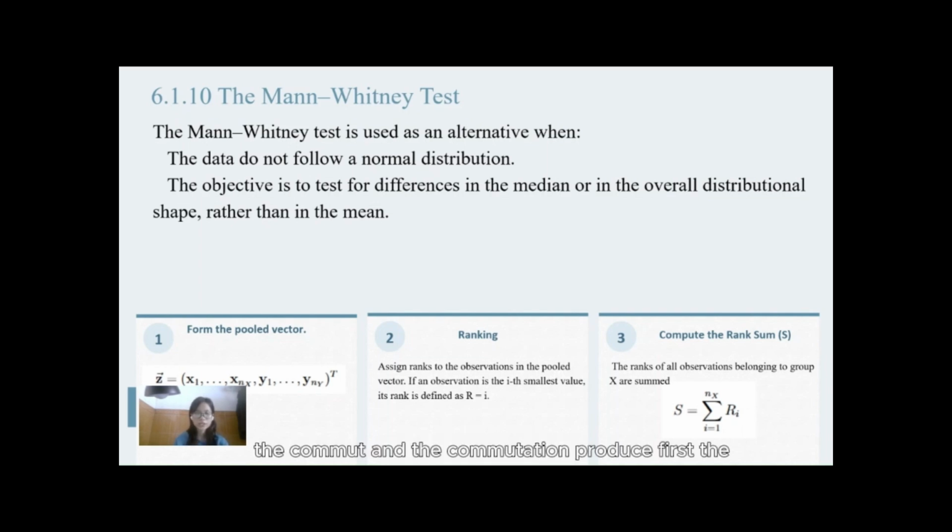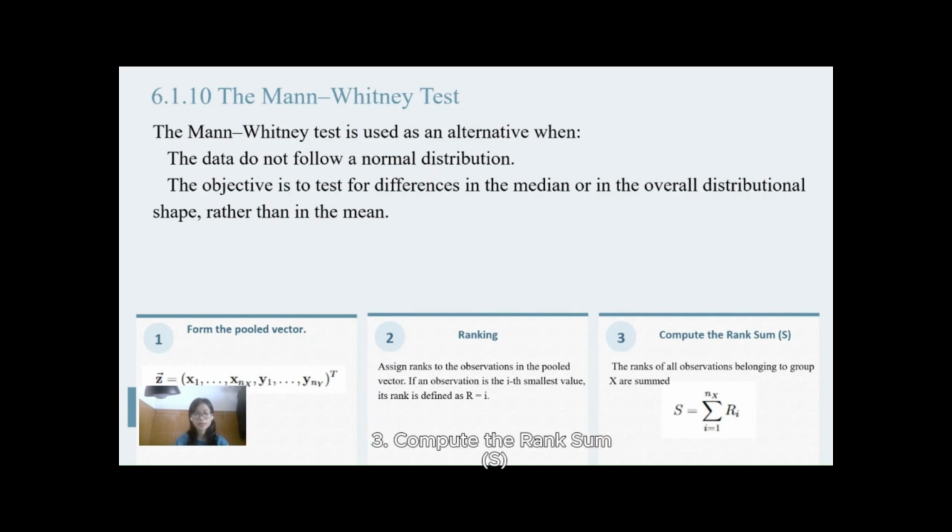The computation proceeds as follows. First, pool the vector: combine all observations from the two samples into a single pooled vector. Then ranking: assign ranks to the observations in the pooled vector, where the smallest value is 1.